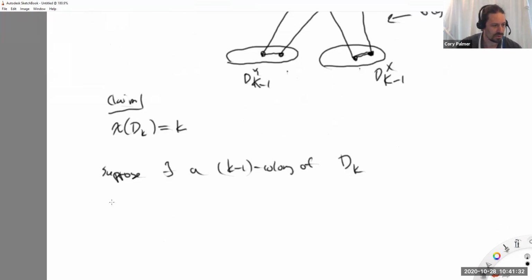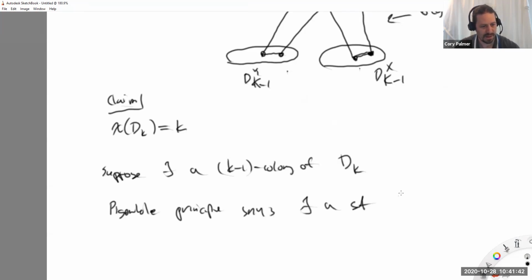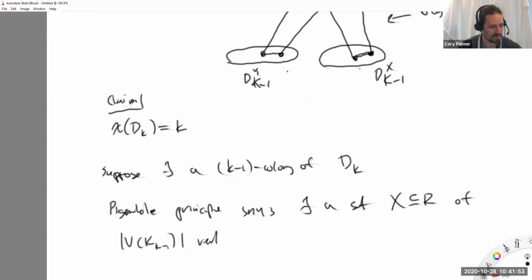So the Pigeonhole principle says there exists a set X, a subset X in R, of v_{k-1} vertices of the same color.